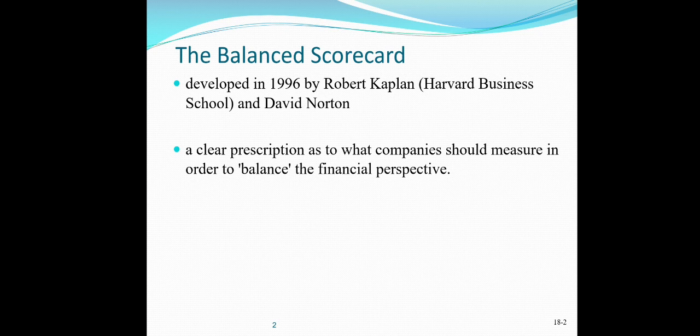Balance scorecard approach was developed in 1996 by Robert Kaplan from Harvard Business School and David Norton. It is a clear prescription as to what companies should measure in order to balance the financial perspective. So the situation in the 1990s is like this.